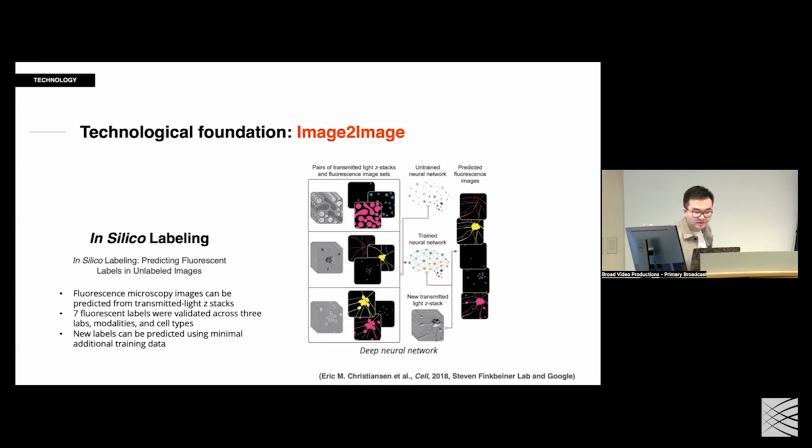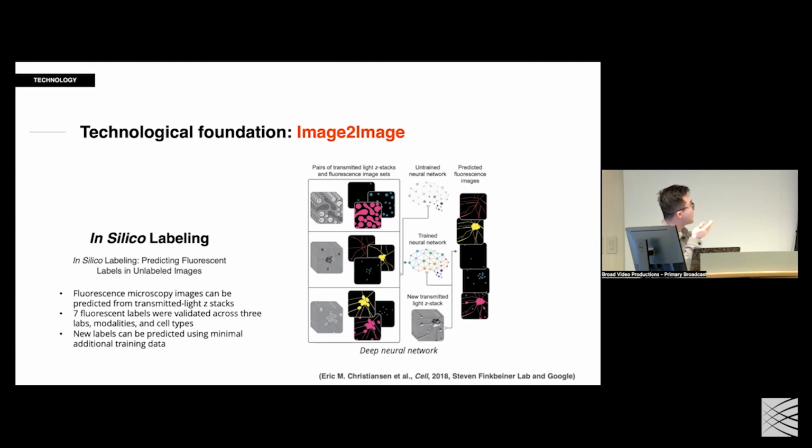But before that, there's also lots of foundational work that people have been doing in the field. First, imaging to imaging. How do you translate one type of imaging data to another type of imaging data? This work was done by Google and Steven at Gladstone at UCSF.